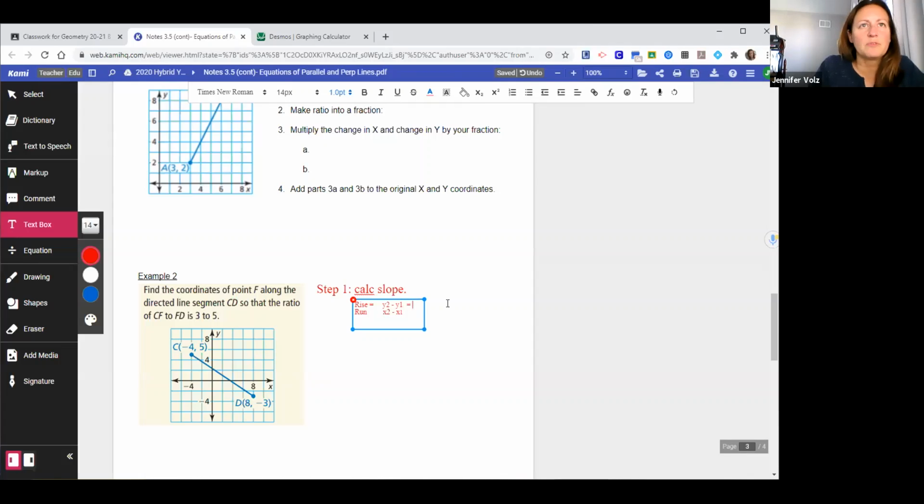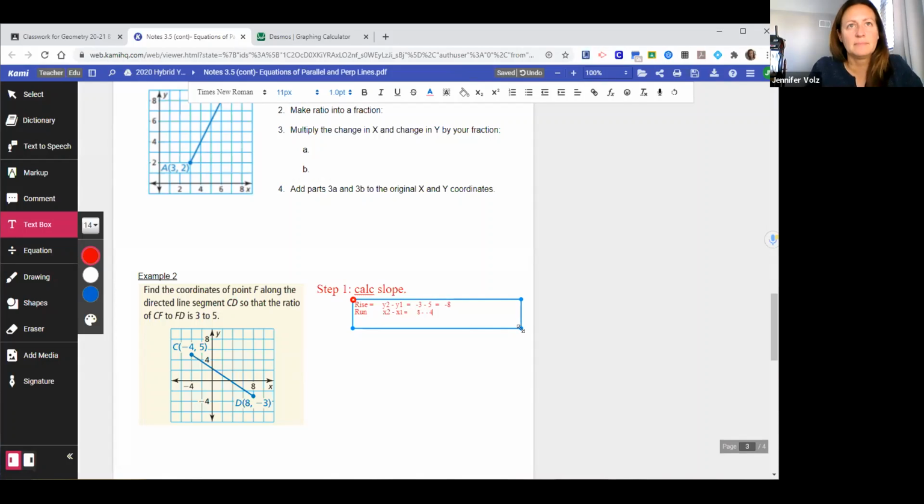So for this line, the y2 minus y1 would be -3 minus 5, which would be -8. And you can see you go down 8 from 5 to -3. The x2 minus x1 is 8 minus -4.